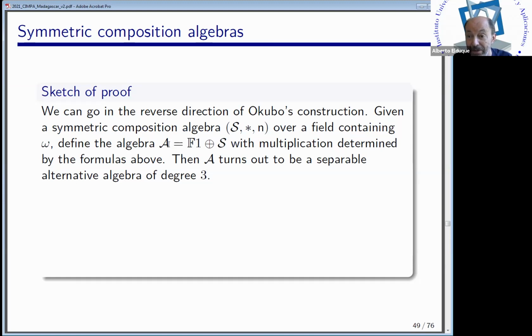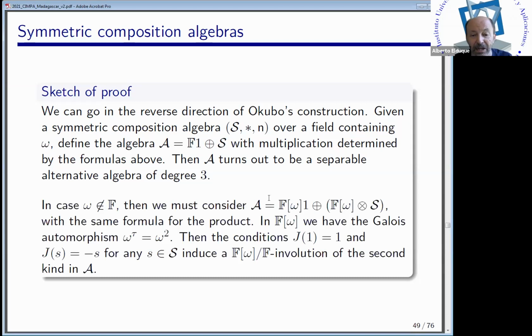And actually, it fails to be associative if the symmetric composition algebra that we start with is para-Hurwitz, actually para-Cayley in dimension 8. This is the only case where this may fail to be associative. If the field doesn't contain the primitive cubic roots of 1, then one has to extend scalars and do exactly the same thing.